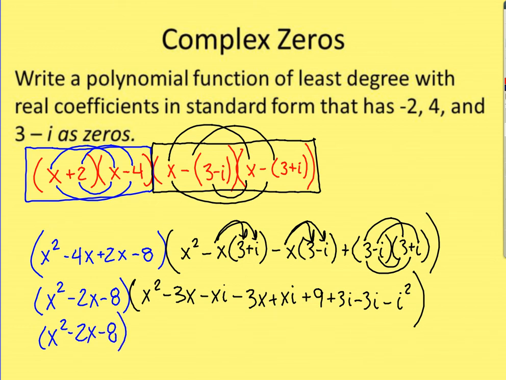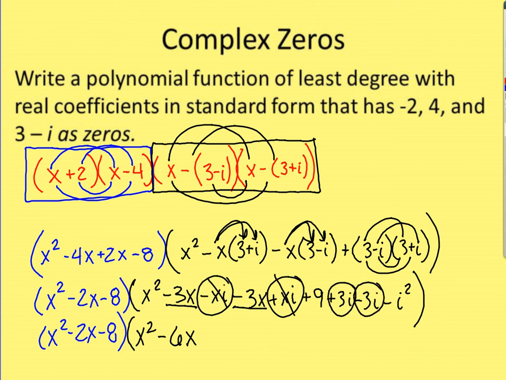But we need to combine like terms on the black set of parentheses. We have x squared. I have a negative 3x and a negative 3x. That gives me negative 6x. I have a minus xi and a plus xi, so those are going to cancel. I have a plus 3i and a minus 3i, so those are going to cancel.